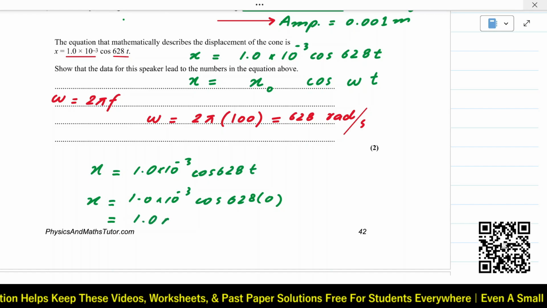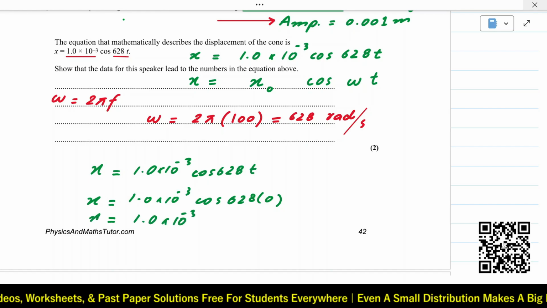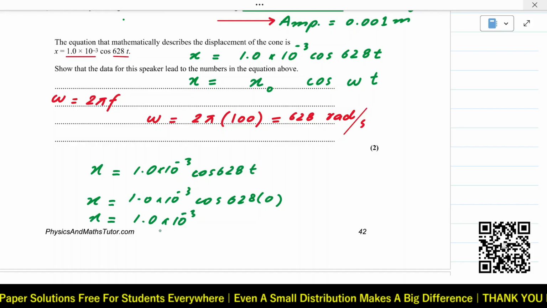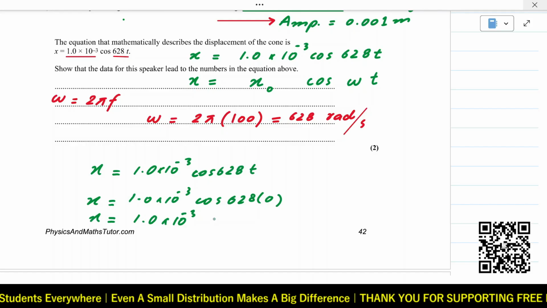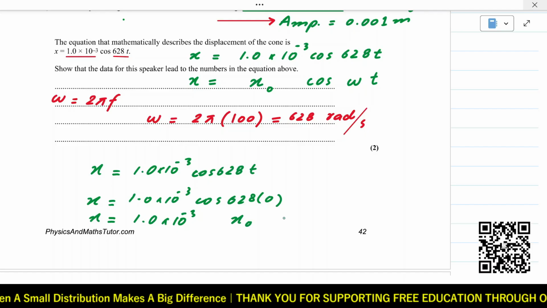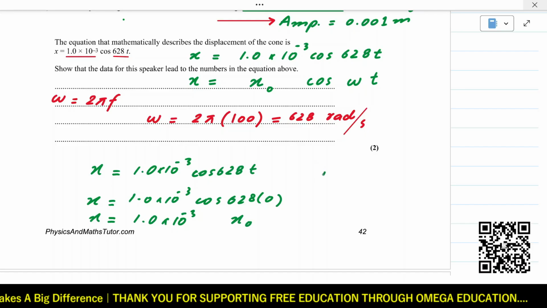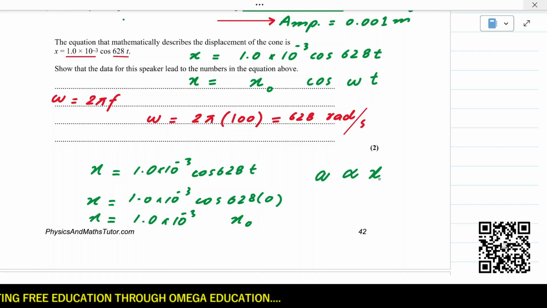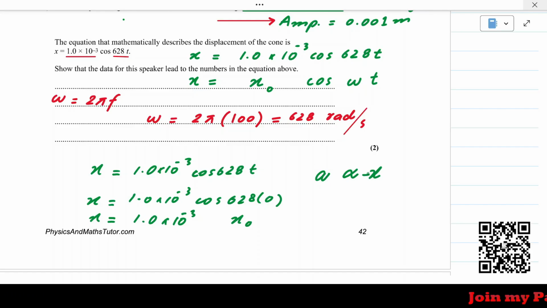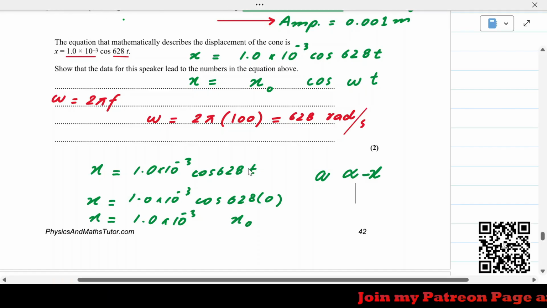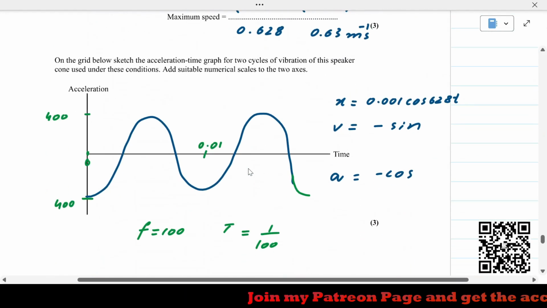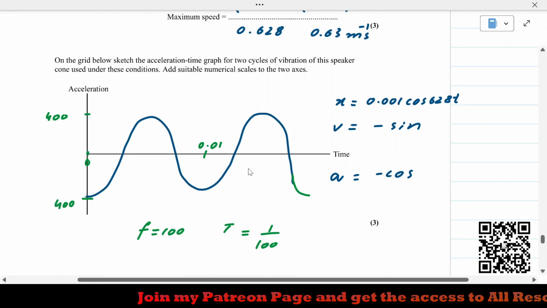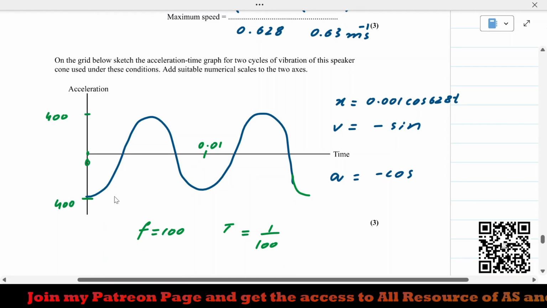So your x would be the maximum x that you could have, which is equal to x naught. So your displacement is maximum, and we know acceleration is proportional to displacement. So if displacement is maximum, acceleration is also maximum, but with the negative sign. That's why it is a sinusoidal wave, or more precisely a cosine wave, starting off with a negative cycle.